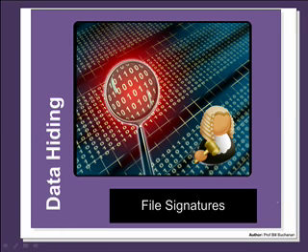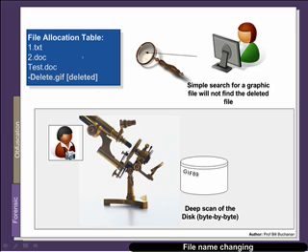For data hiding, we find that certain files have standard signatures that it's possible to search for. So if data has been hidden on a file system, it is possible to do a deep scan to determine hidden content. The way most file systems work is that we have a file allocation table, and this is so important that we typically have two versions.